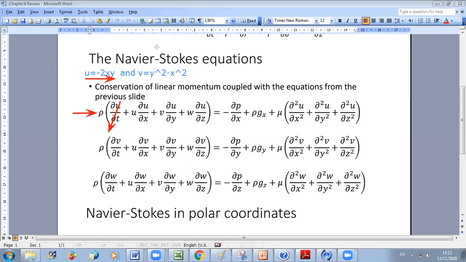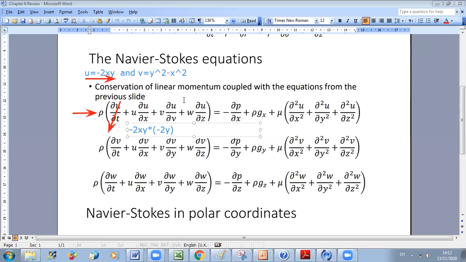This term will not be 0 because I will replace u by minus 2xy. If I do del u by del x, if you derive minus 2xy with respect to x, you will get minus 2y. So I should multiply by minus 2y. This is u del u by del x.